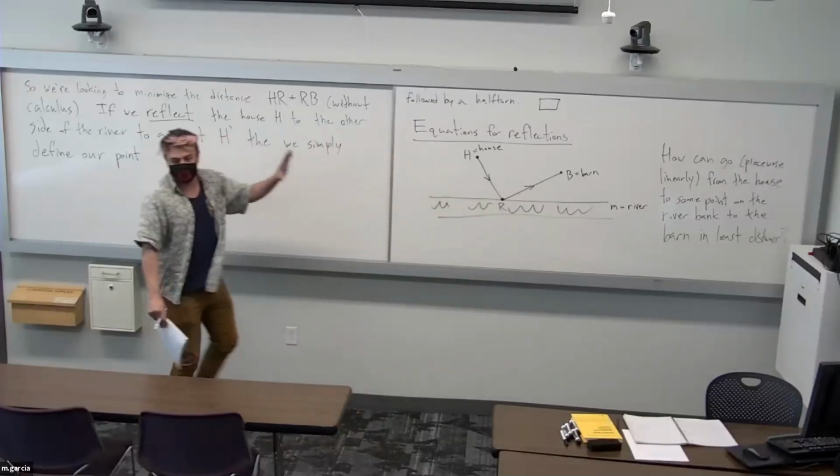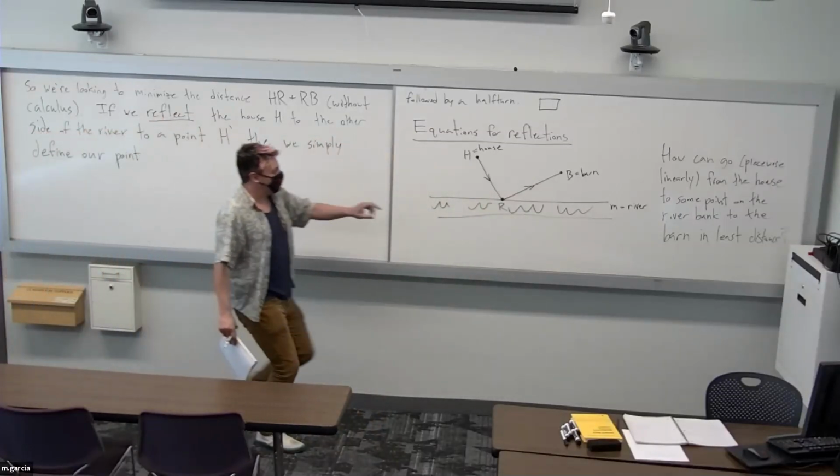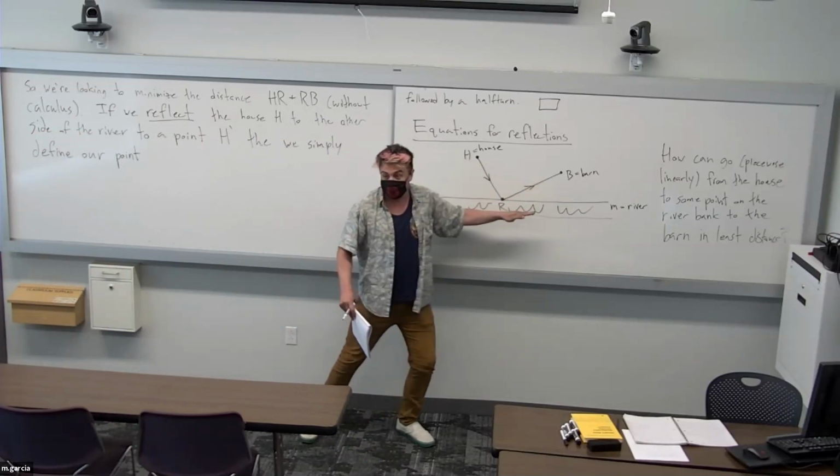To minimize this distance in the naive way, we're looking for the point R that minimizes these two distances, right?